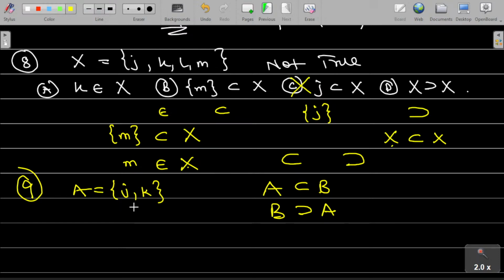This set now is a proper subset, which we write like this: a proper subset of X. So A is a proper subset of X. Proper means all the elements are in the other one, and there is something that is in X that is not in A. But improper subset is when two sets are equal.